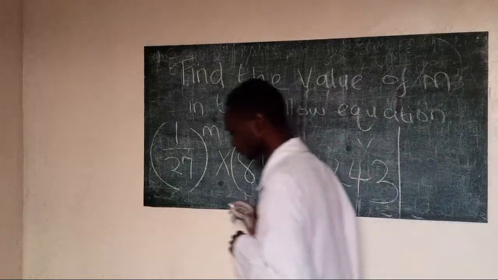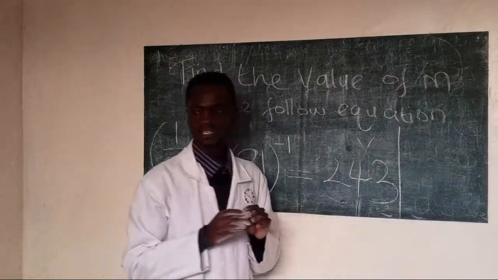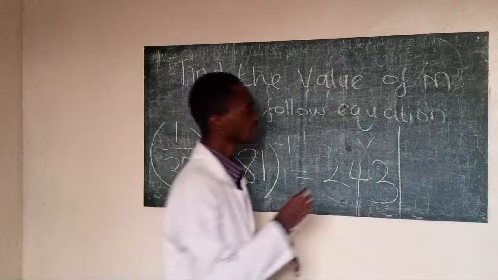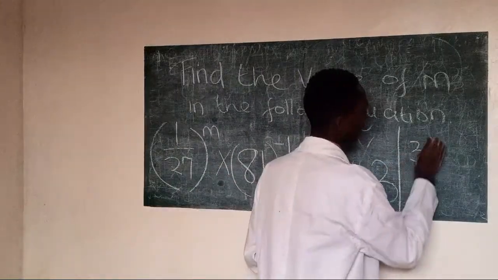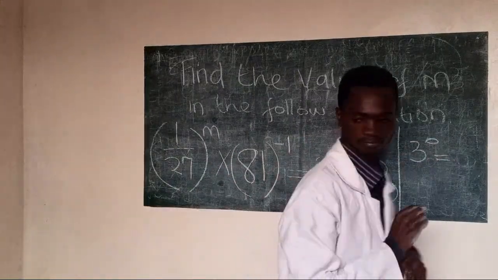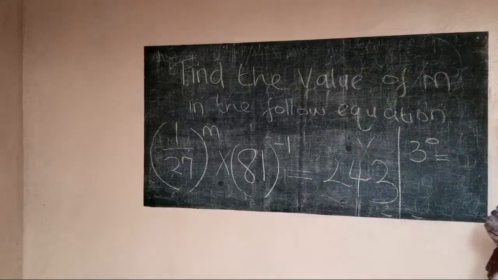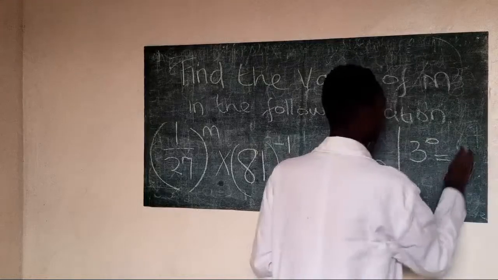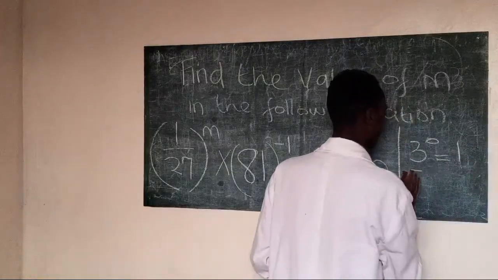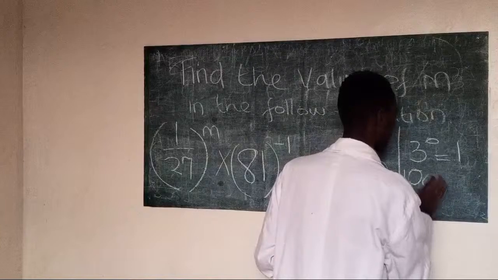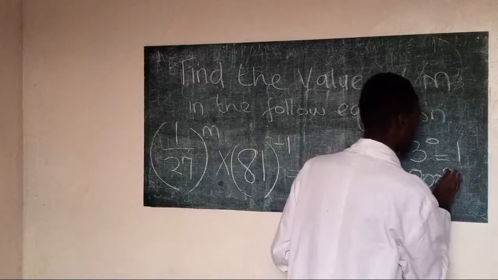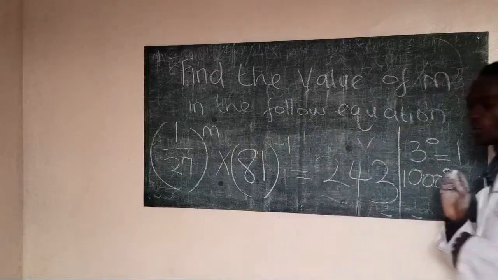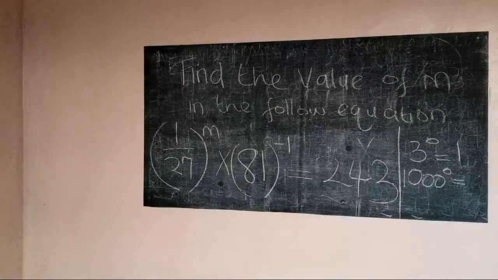Now, what is 3 raised to power 0? 1. What is 1000 raised to power 0?